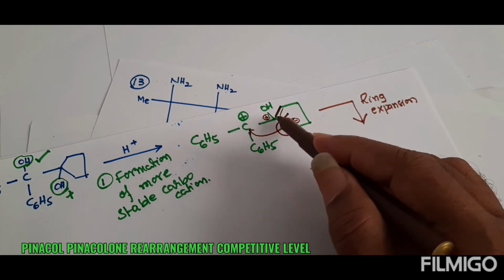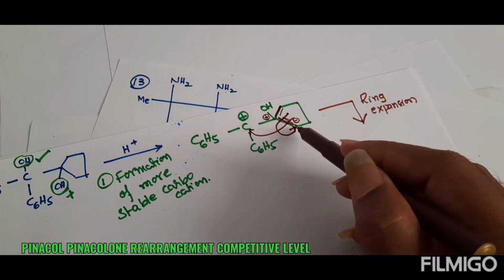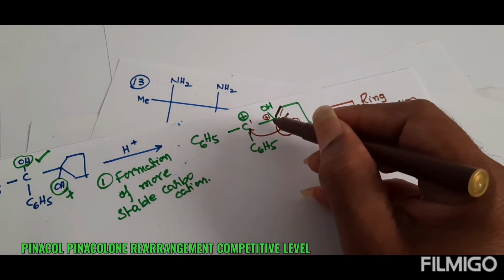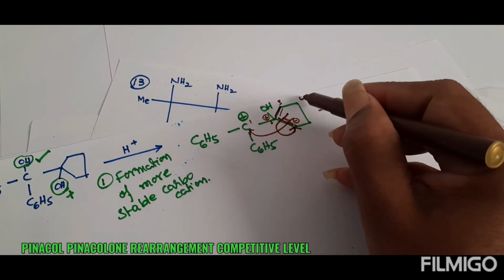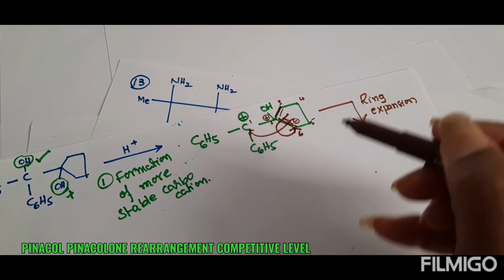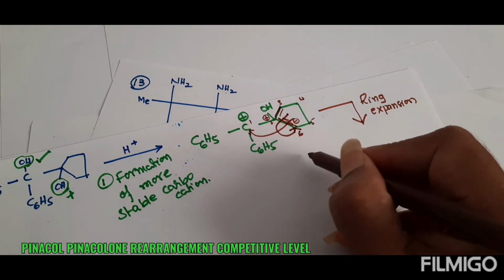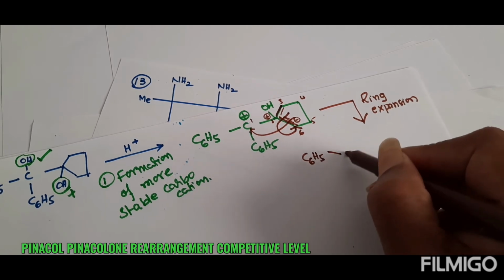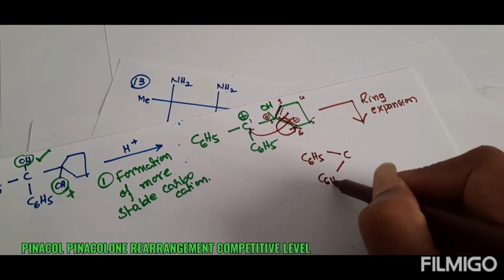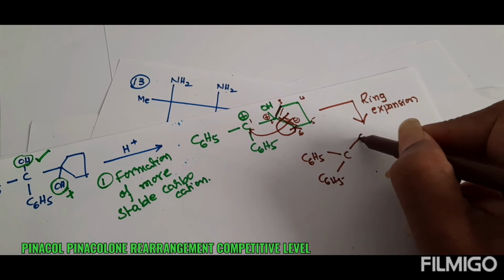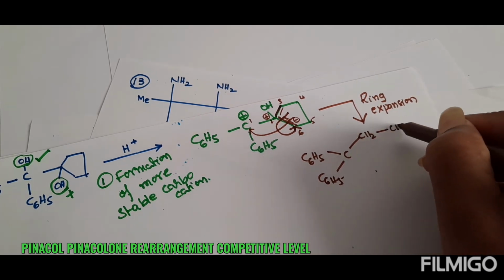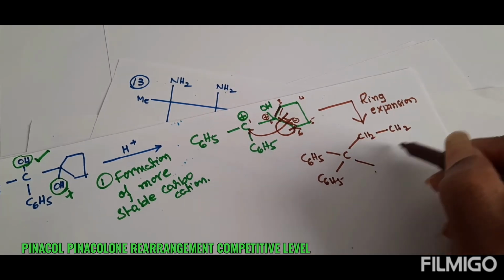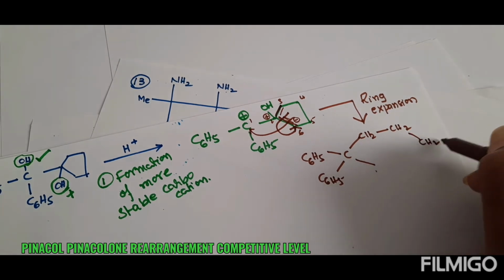So 1, 2, 3, 4, 5, 6. A 6-membered ring will come out. So C6H5 bonded to C6H5, and a 6-membered ring with CH2, CH2 and CH2.